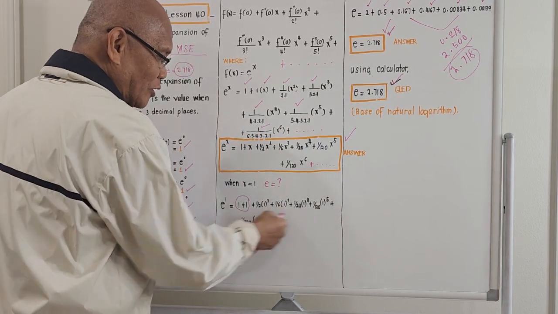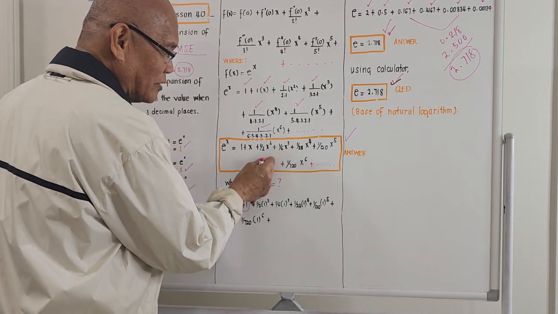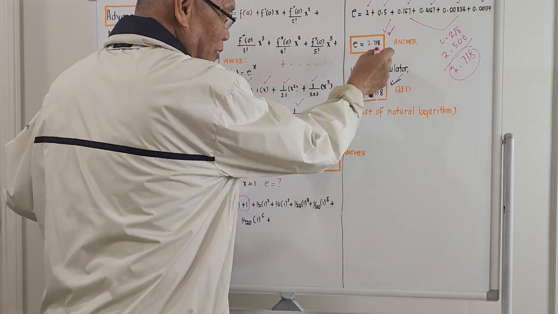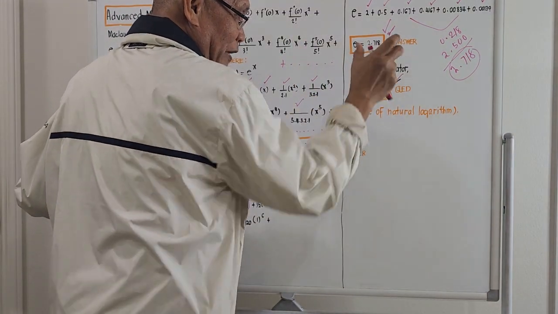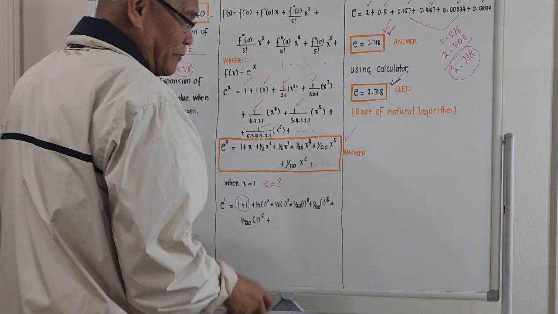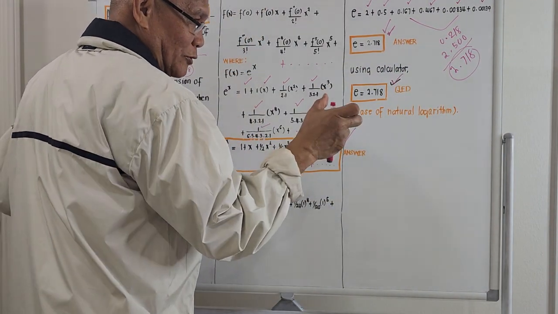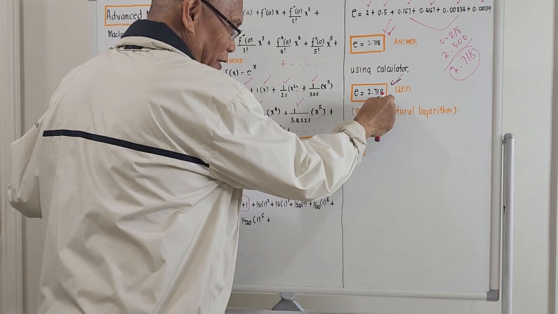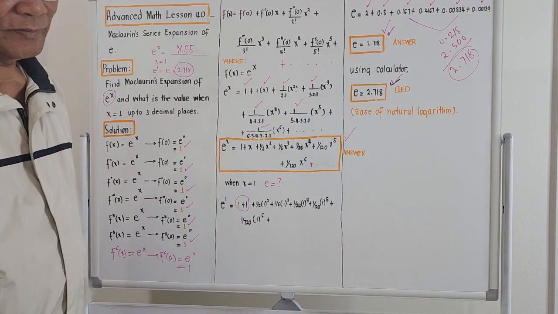We take the summation of this after the substitution using this derived equation here. What comes out is E is equal to 2.718. And to check the validity of our answer by using the calculator, up to 3 decimal places, the value of E is actually 2.718. Okay, that's it.